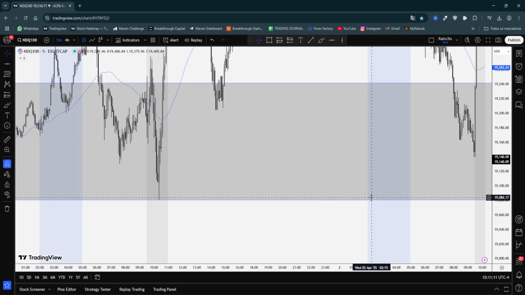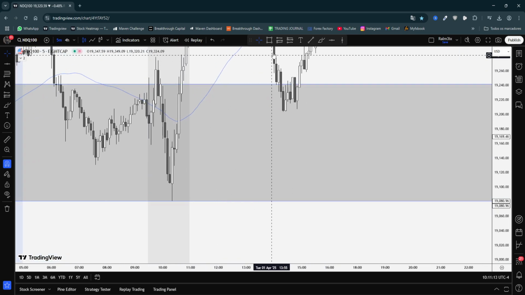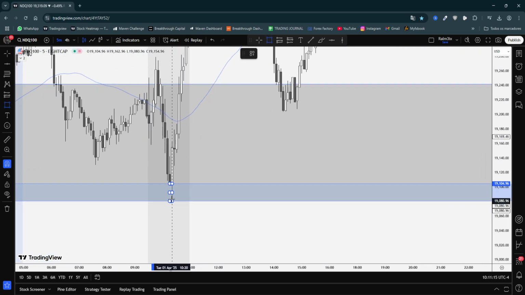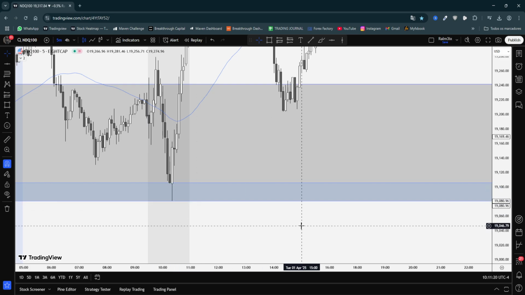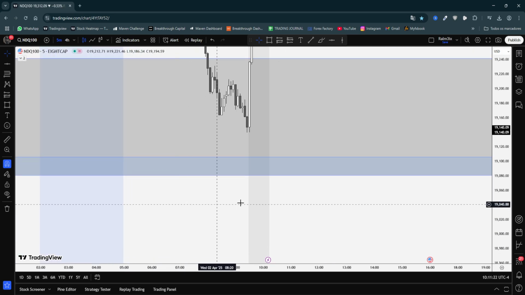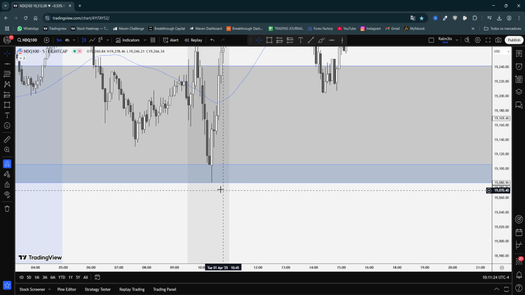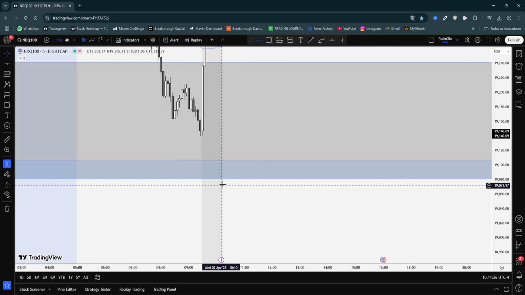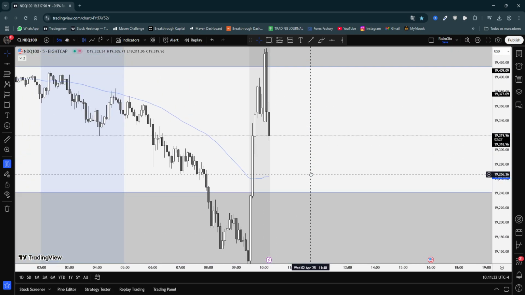So I go to the left and I see here a support on the 5 minutes. You see, body to the wick, simple, and it is perfectly aligned with the 4-hour retest. Okay, so this is my sell zone, the only valid one.